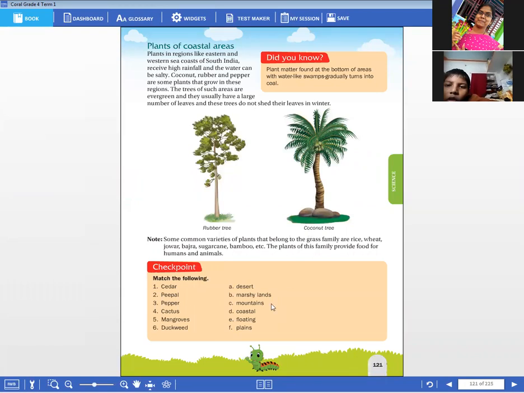And today you have to do this checkpoint also. Yes, Charvik is telling pandas will eat bamboo. Yes, Charvik, pandas will eat bamboos. They'll eat both sugarcane and bamboos also.